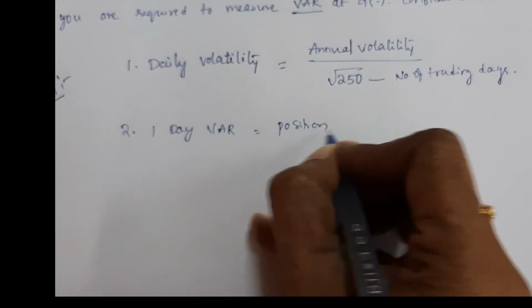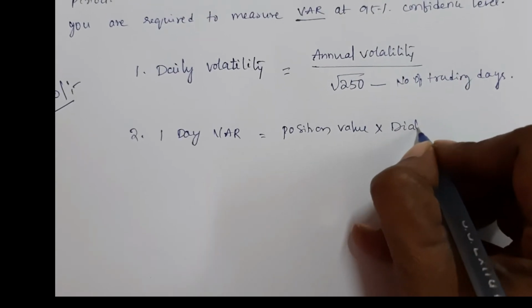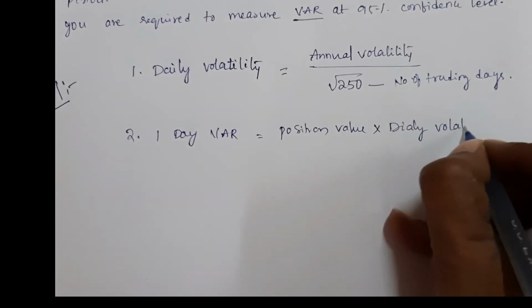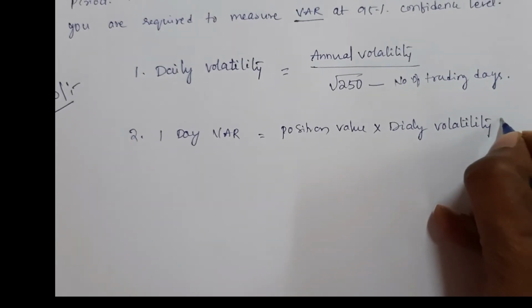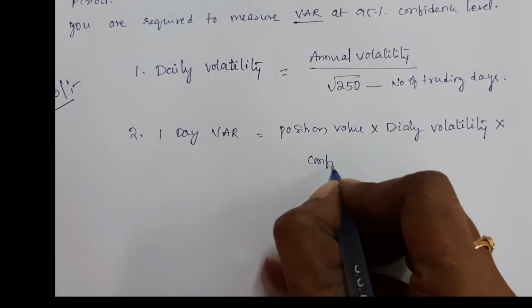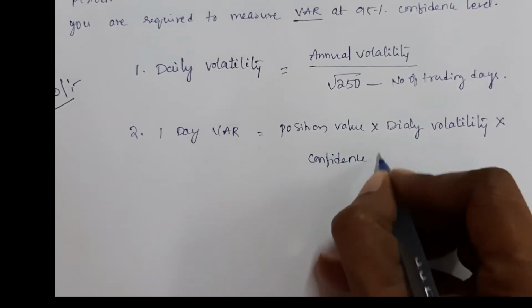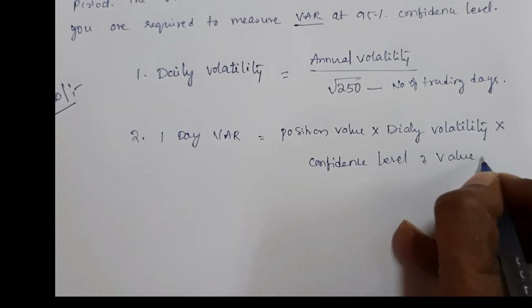The formula is position value into daily volatility into confidence level Z value.